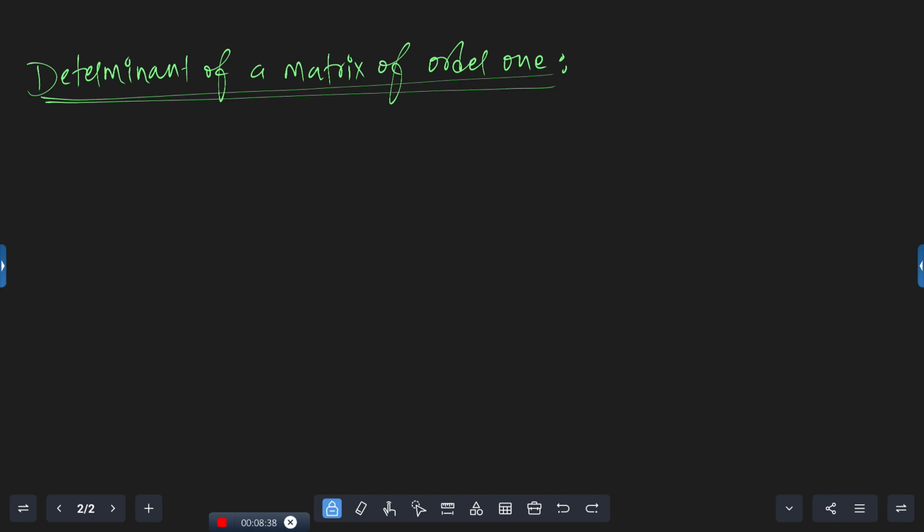If I take a matrix A equal to Aij, here 1 by 1 is the meaning. Inside that, Aij can be some element. Suppose I take one element, just a capital letter A. Then how will the determinant be?